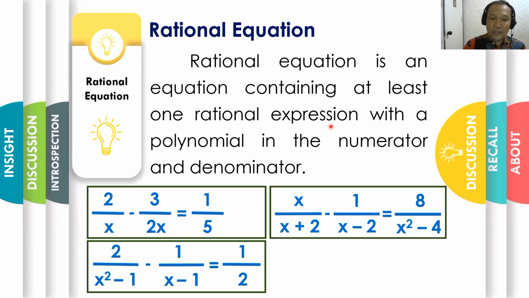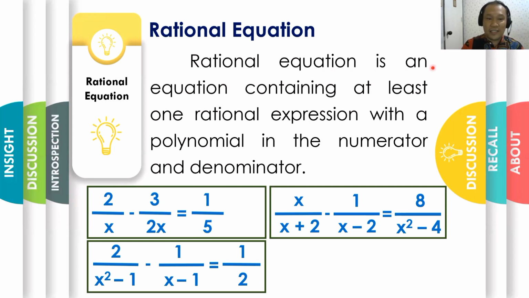But as a rational expression, it contains a polynomial in the numerator and polynomial in the denominator, meaning it can have at least one rational expression. But in my given examples, all do contain not only one rational expression. Okay? Now, what is rational equation?